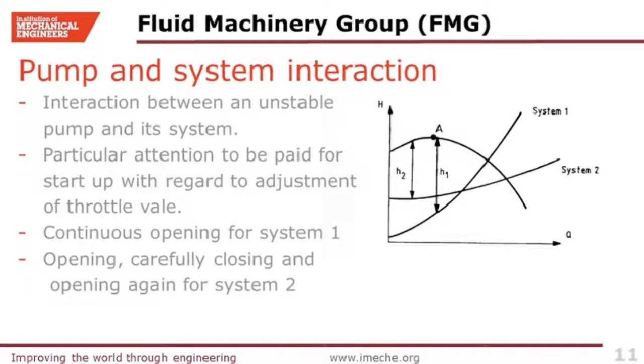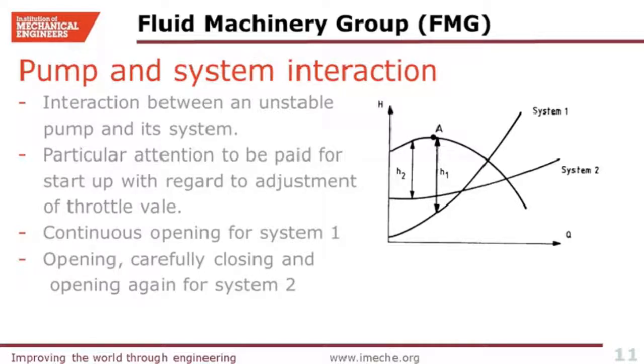And at intersection, assuming the throttle control valve is sized properly, the valve will be either fully or mainly open. The head differences between the curves are shown as H1 and H2 on this figure. In system 1, the difference between the pump curve and system curve is continuously decreasing, which means the valve is continuously opening.